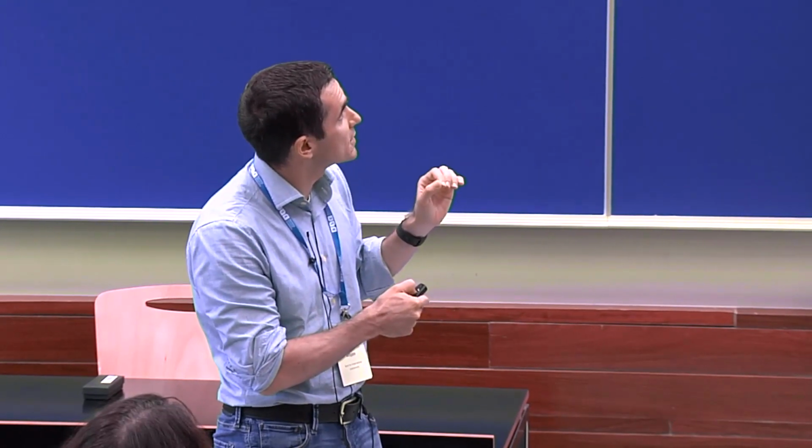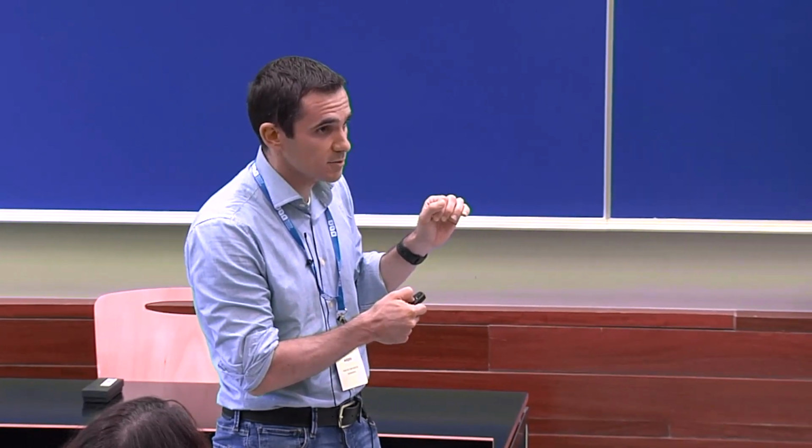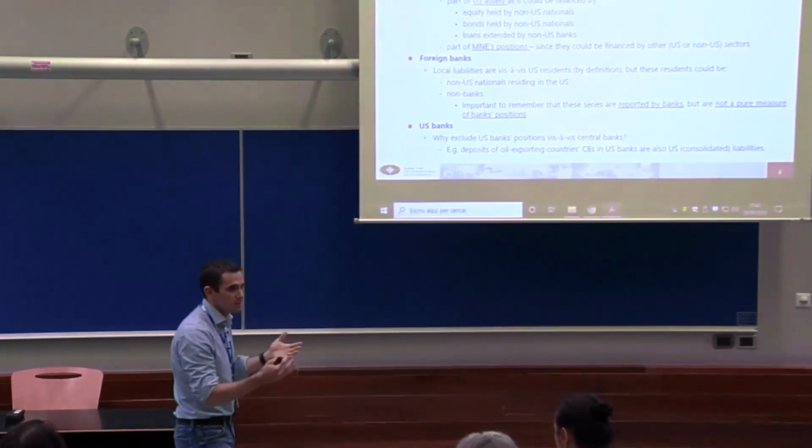Part of US assets could be financed by equity or bonds held by non-US nationals, in theory. And you could also have loans extended by non-US banks. In none of these three cases would these be US assets.